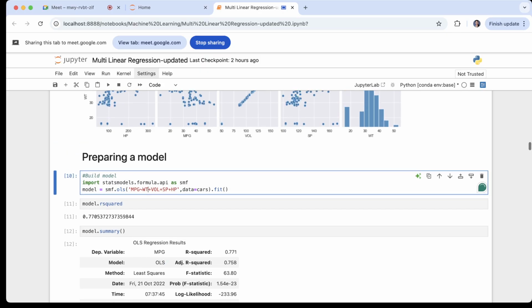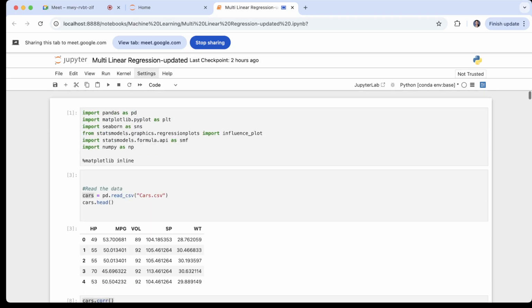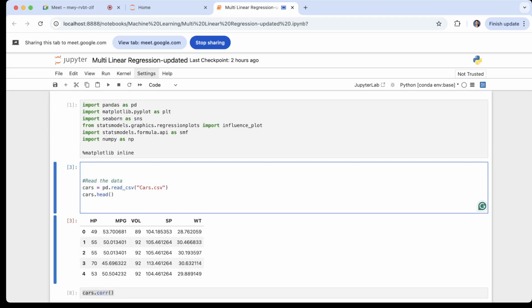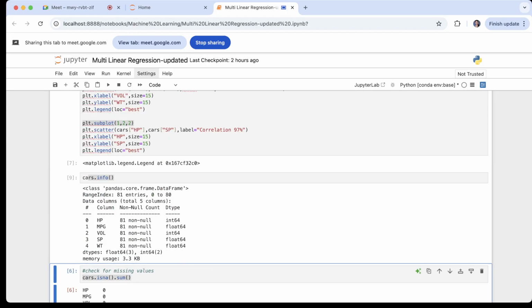Is this clear till now? Any doubt? That's the heat map for the correlation matrix.